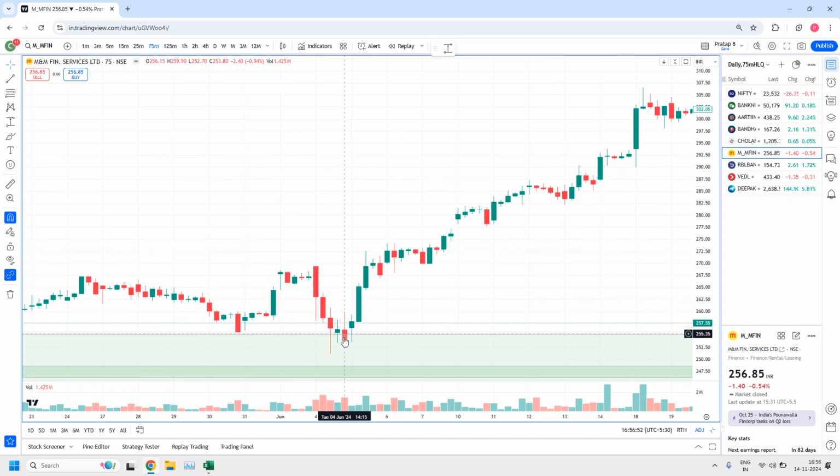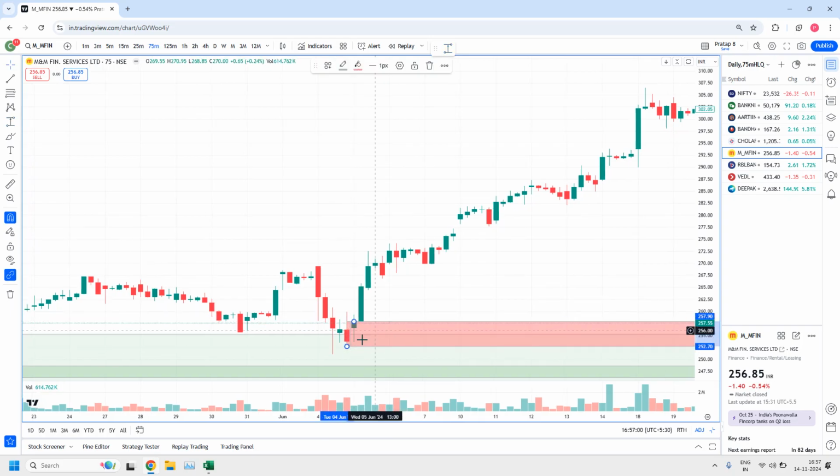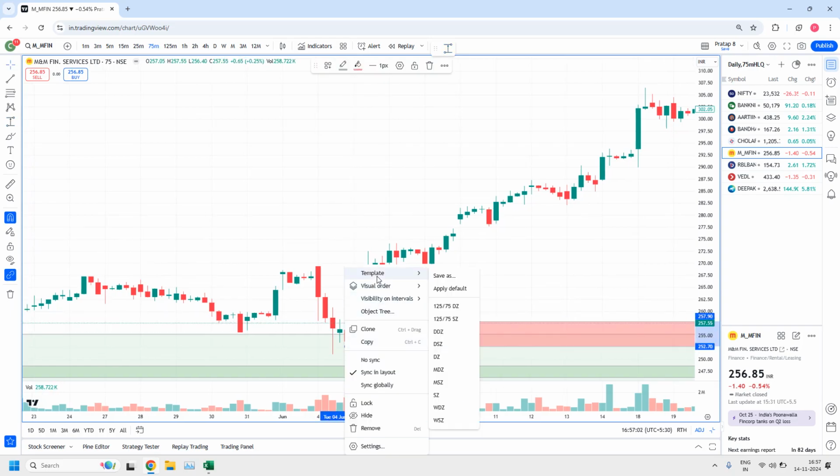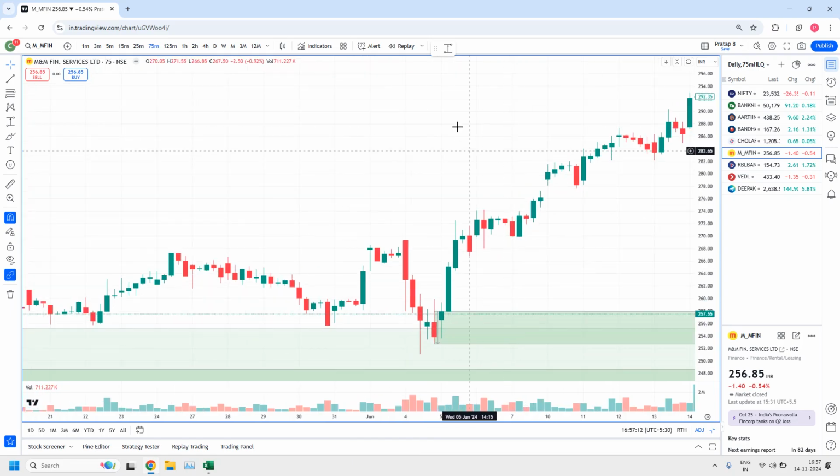You can consider this as a failed ERC. That way you can draw a zone like this. This is the 75-minute zone.